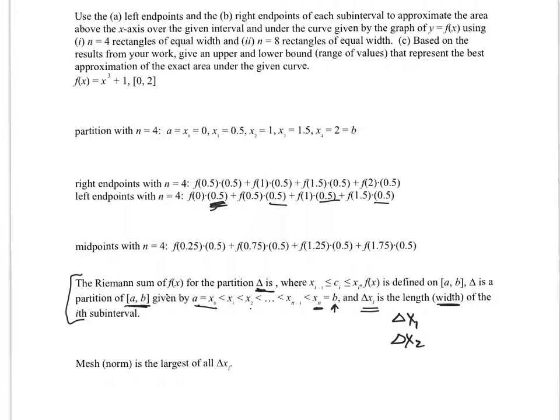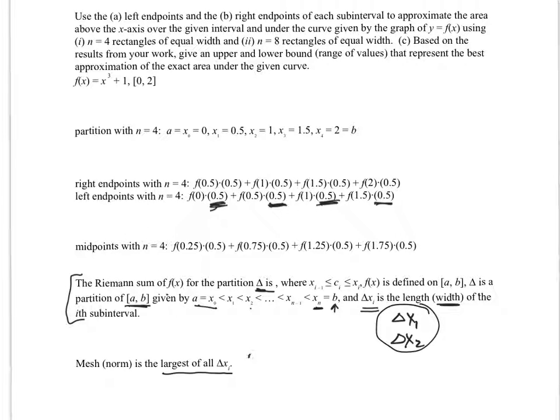Unlike what we were using where we said, let's use equal widths. This would be considered delta x sub 1, delta x sub 2, delta x sub 3, and delta x sub 4. Well, if we keep them equal, we can just say delta x for all the subintervals. Now, in the definition, we will be able to consider the largest of all of these delta x sub i's, okay? And we call that the mesh or the norm.